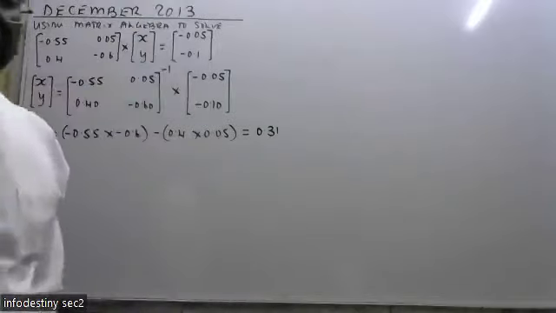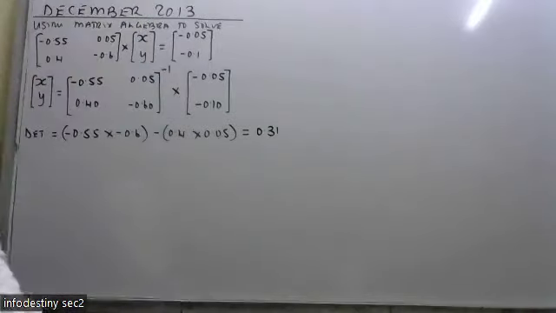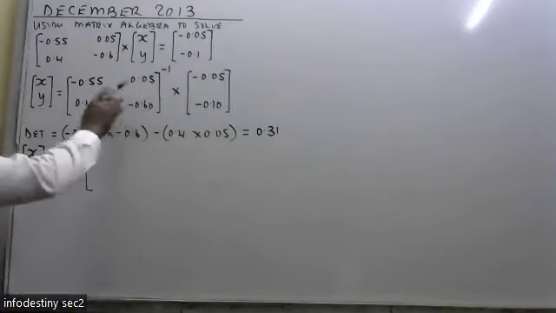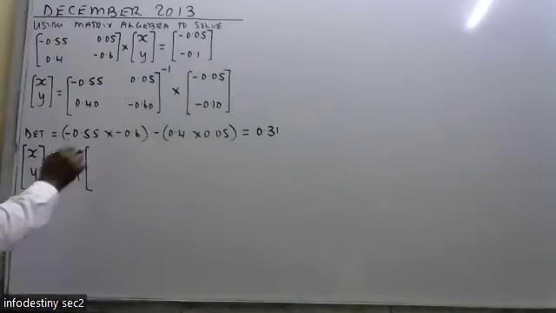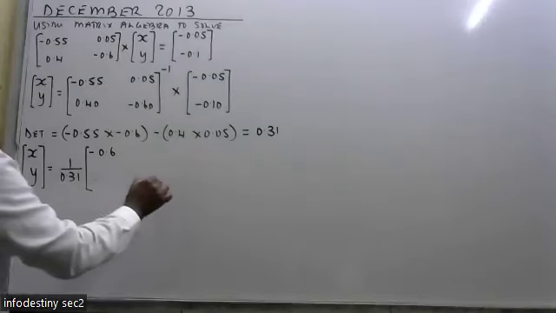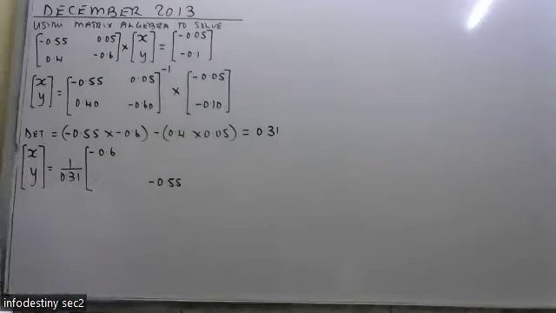So if that is true, then we proceed and say x, y here is 1 over the determinant, which is 0.31. You create the new matrix: you change the positions of the major diagonal, so this becomes minus 0.6 and minus 0.55 there.